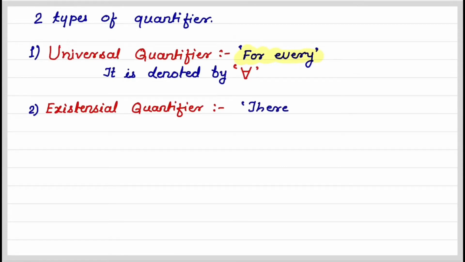In the second statement, we have used the quantifier there exist. It is known as the existential quantifier, and it is denoted by a backward E, capital E. These are the notations.